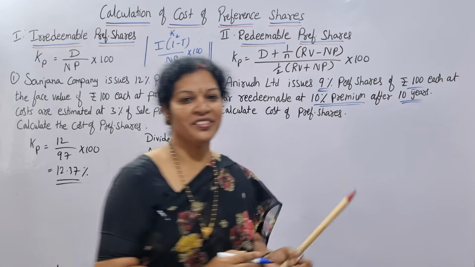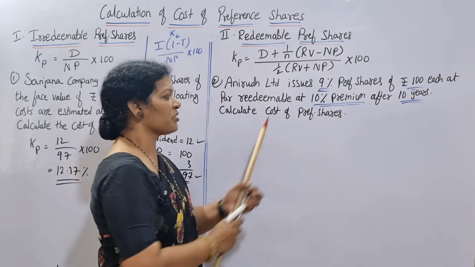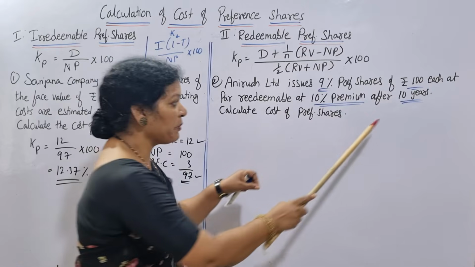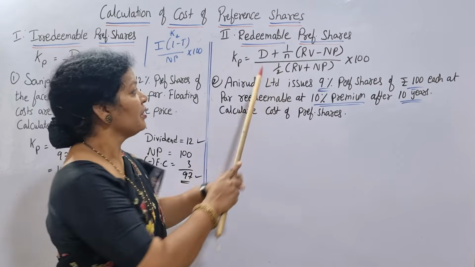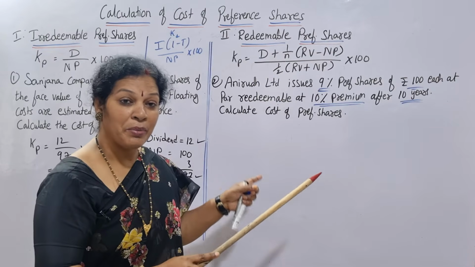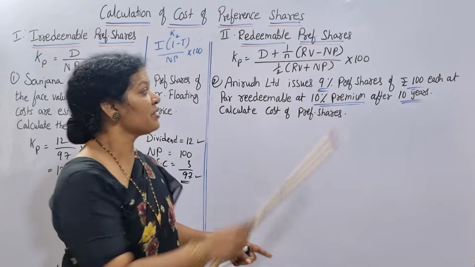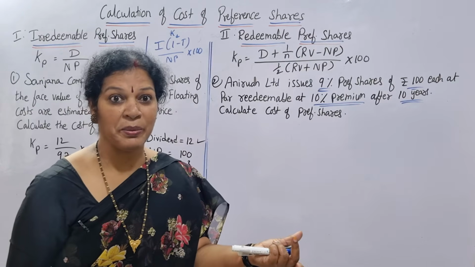Ten years means it is redeemable preference shares. Now calculate the cost of preference shares. Because 10 years is given, the formula is this one: D plus 1 by N into RV minus NP, by 1 by 2 into RV plus NP, into 100. Say along with me, it will be easy for you.